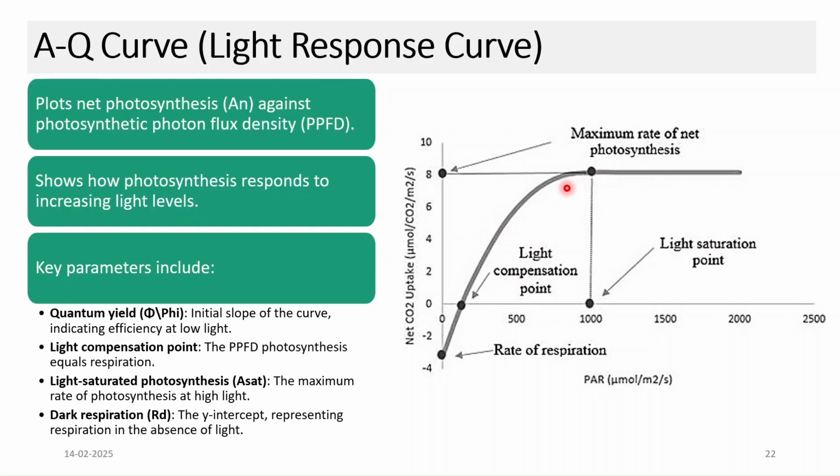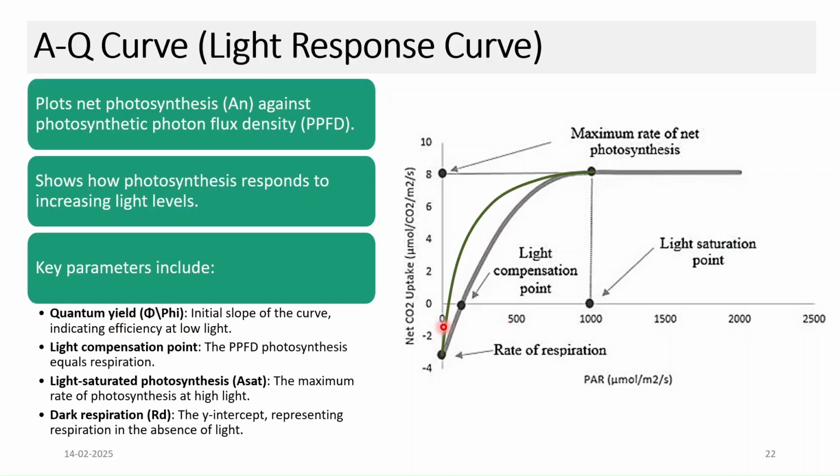Then there is also, after a certain light intensity, the photosynthetic rate neither increases nor decreases. That light intensity is called the light saturation point, and the photosynthetic rate corresponding to that light intensity is called the maximum rate of net photosynthesis. We also get something called the quantum yield.